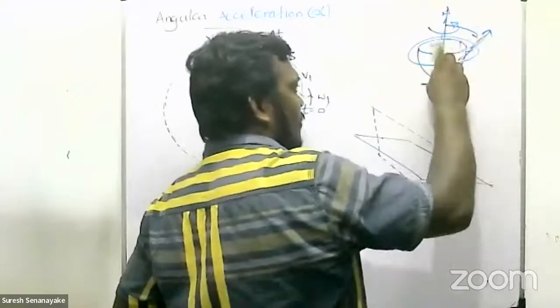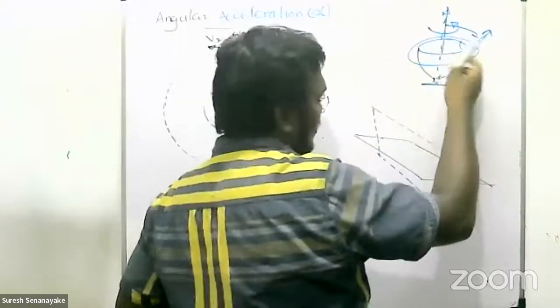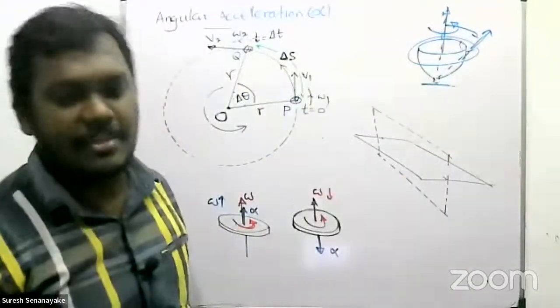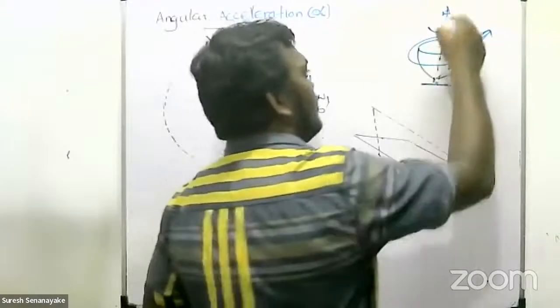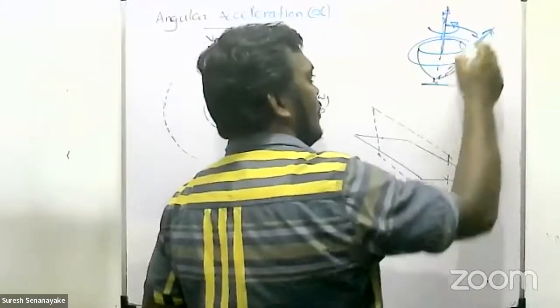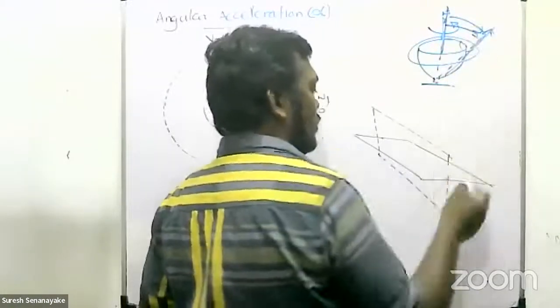But if the axis is rotating like this, there's angular acceleration, because the plane is changing. Initially it's this direction, now the angular velocity is this way, so it has changed.